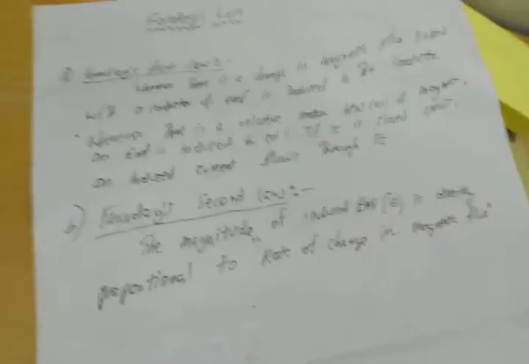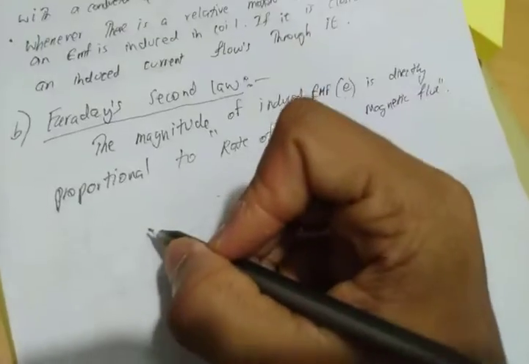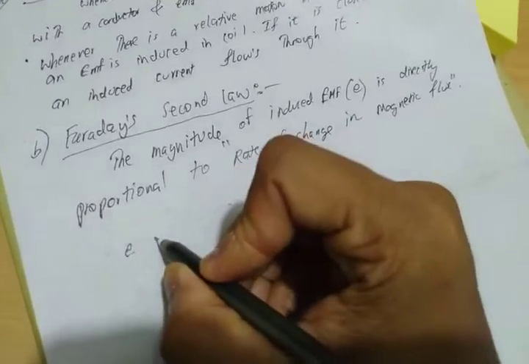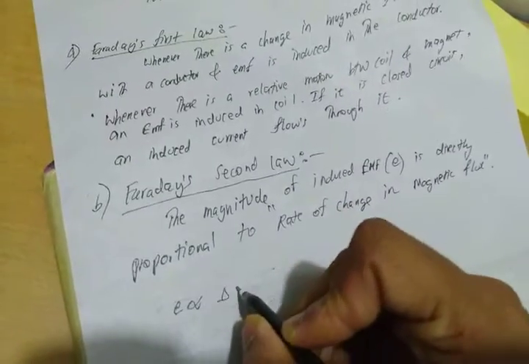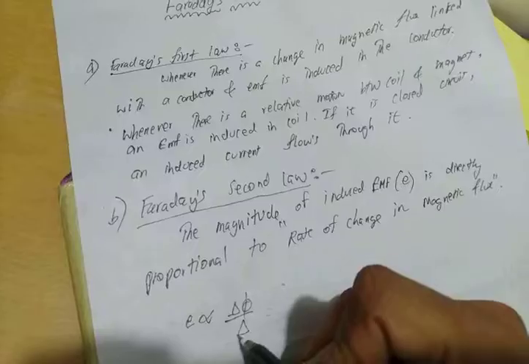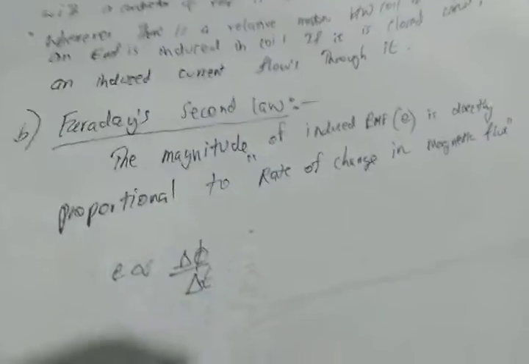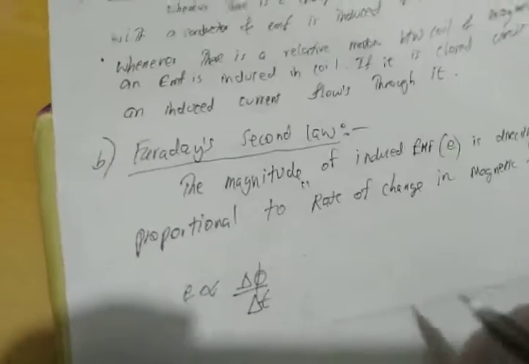And there is an equation for Faraday's second law, which is E is proportional to delta flux by delta t. For EMF, there are two types: first, average EMF and instantaneous EMF.